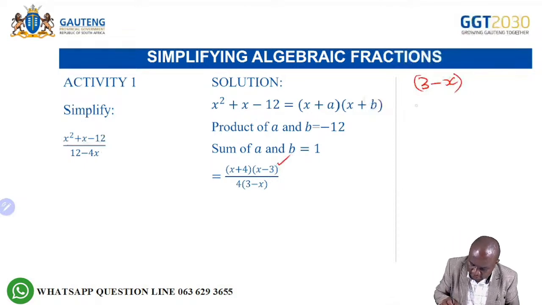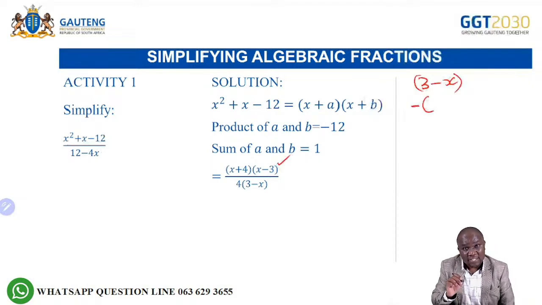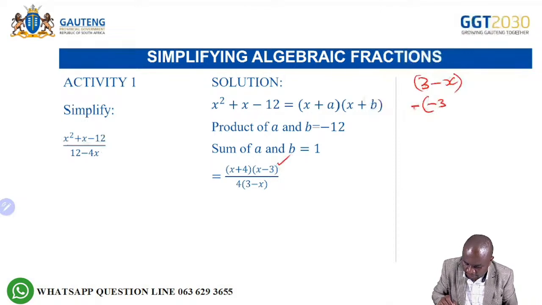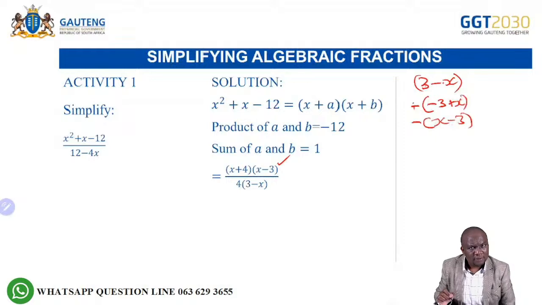If we factor out negative 1, we say 3 divided by negative 1, we get negative 3. We say negative x divided by negative 1, we get positive x. And then if I rearrange the things inside the bracket here, you see I'm getting x minus 3. You see? So if you factor out negative 1, then we are getting this bracket here.